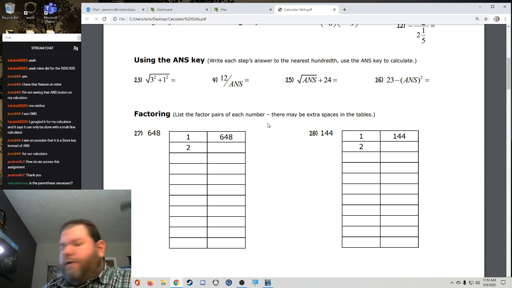So let me come up with a number, and I want to pick a relatively large number. Let's try 162. It may not be that interesting. We'll see.